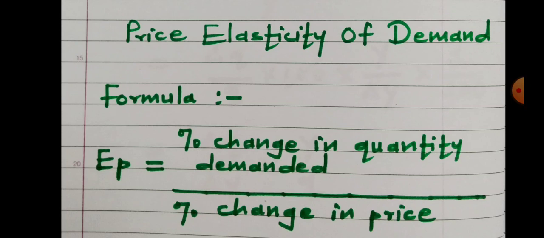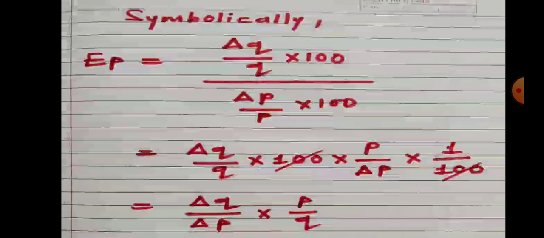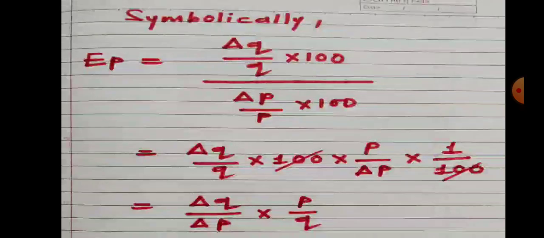So EP stands here for price elasticity of demand. Now let us see how to show it symbolically: EP is equal to delta Q upon Q into 100 divided by delta P upon P into 100. So Q stands here for original quantity demanded, delta Q stands for change in quantity demanded, P stands for original price, and delta P stands for change in price.